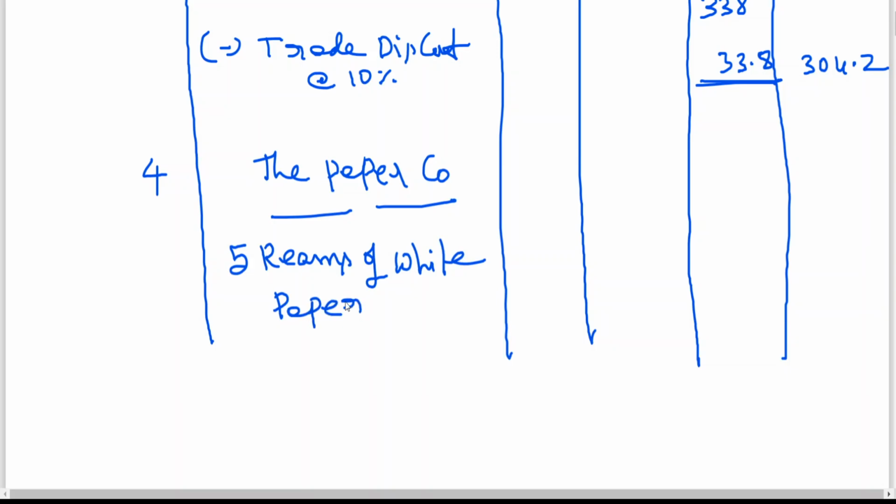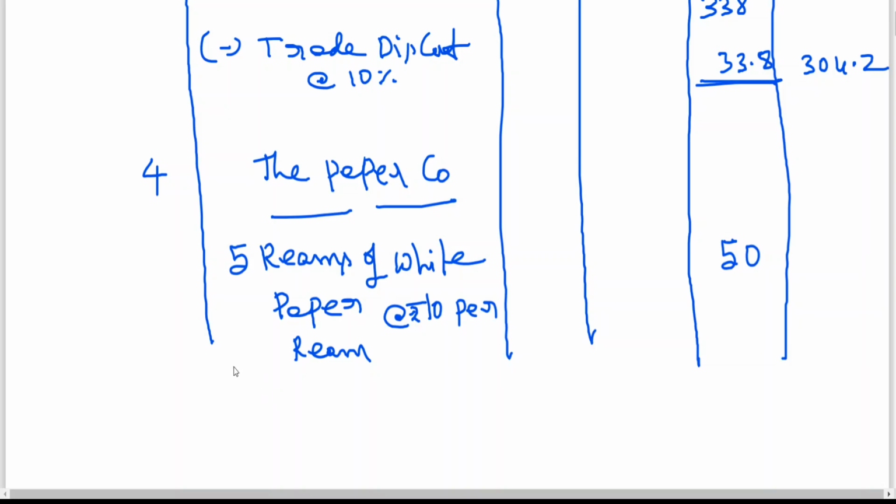5 reams of white paper at rupees 10 per ream. 5 into 10, 50 rupees.